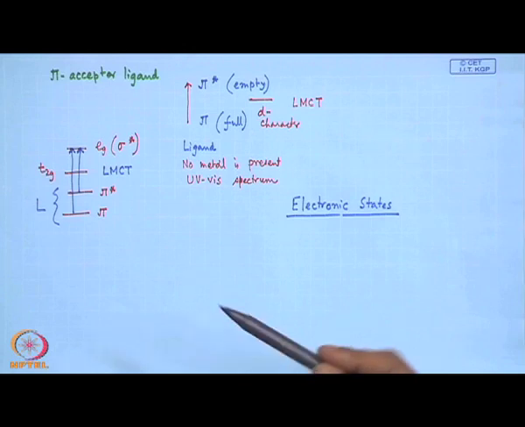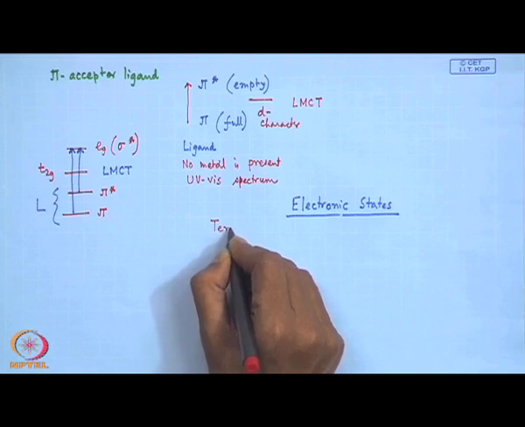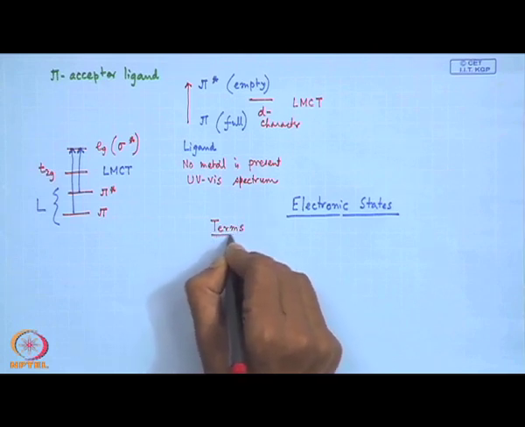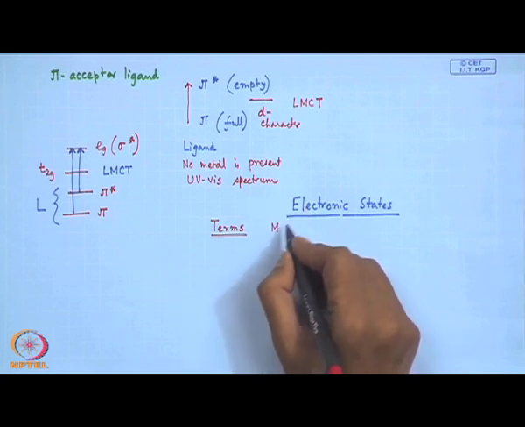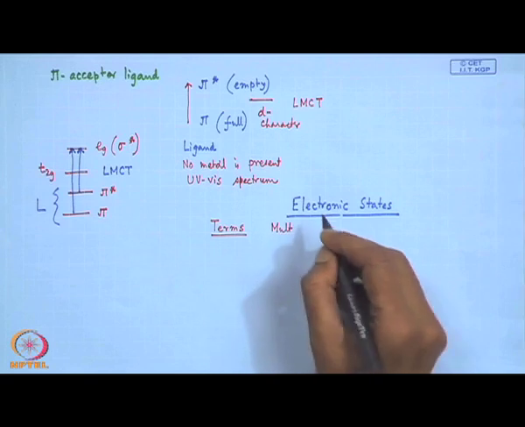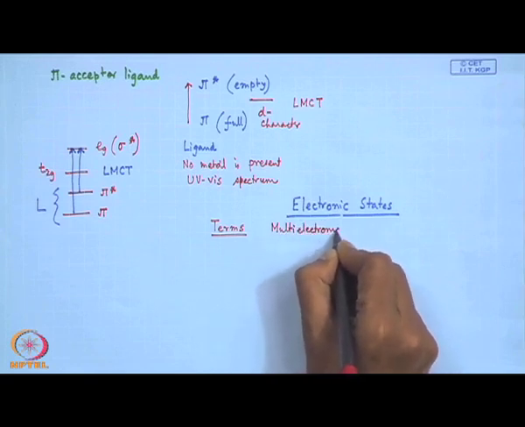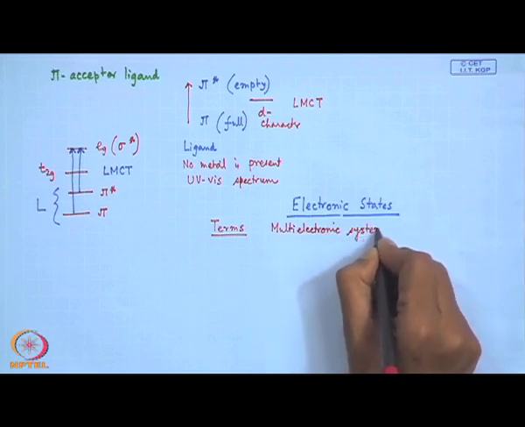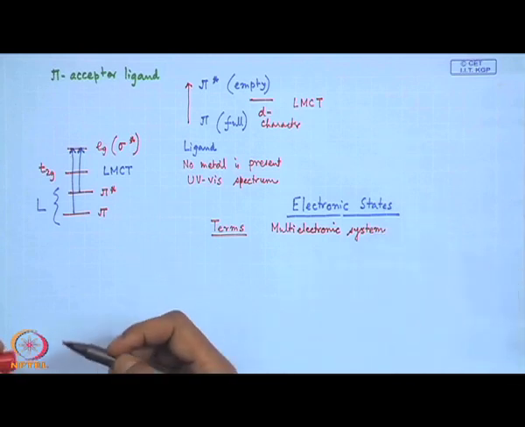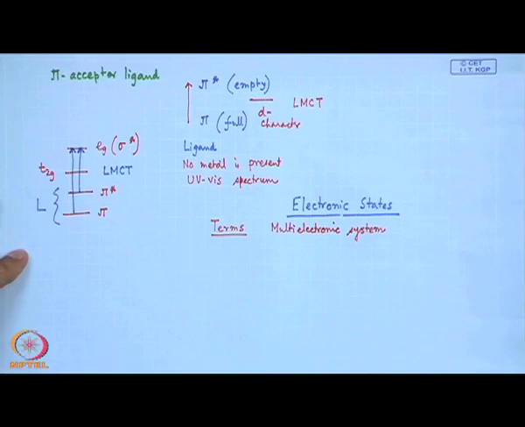For those states we can have what we call the different terms for a multi-electronic system. When more than one electron is present in different orbitals, we consider it a multi-electronic system, and that system will be utilized for finding out the different term symbols.